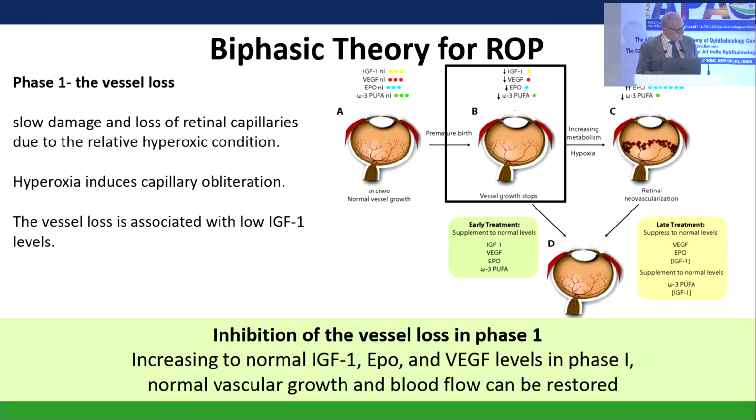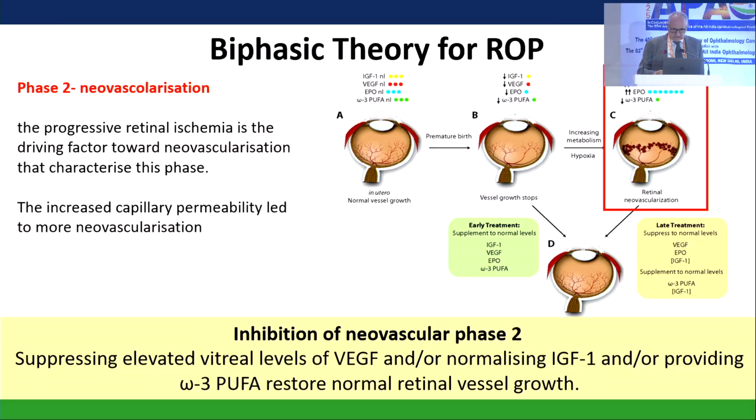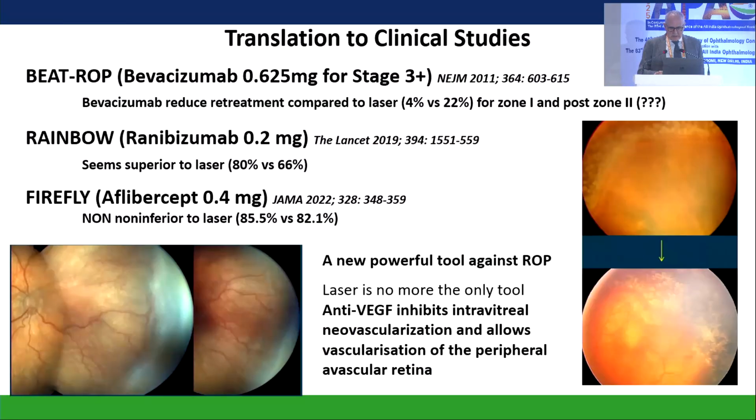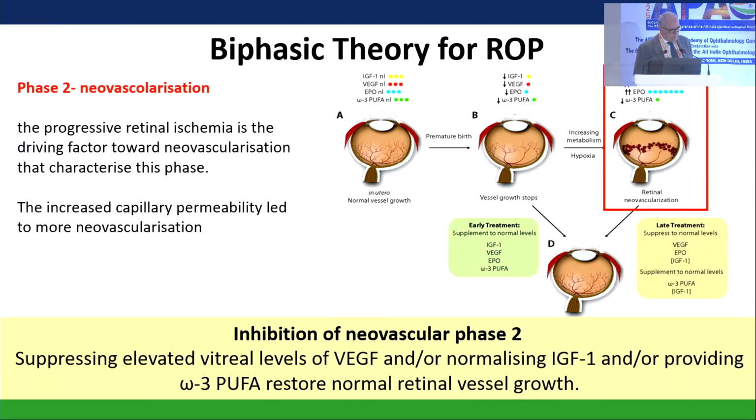We tried to use the IGF-1 to restore the correct level of this factor, and the study that we have done failed in reducing the incidence of ROP. And the second phase is the neovascularization, the one that we know very well from the clinic, and the inhibition of VEGF is the technique we are using, but other possible options, as I said, are to act with the IGF-1 and EPO.